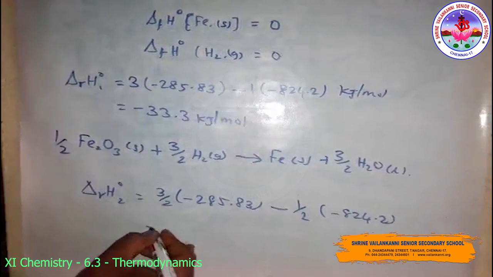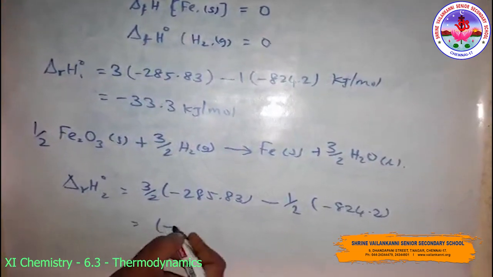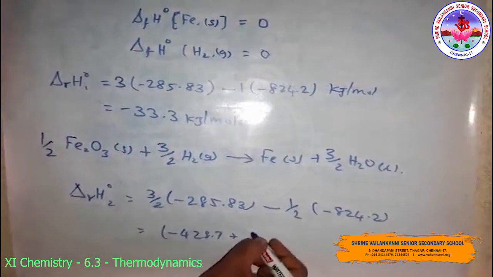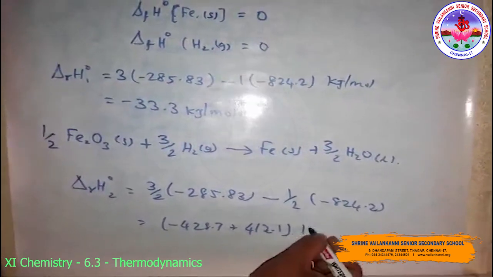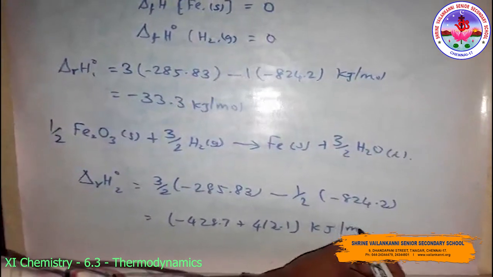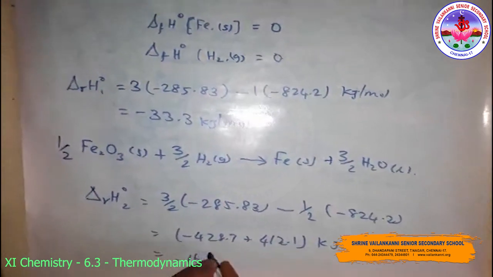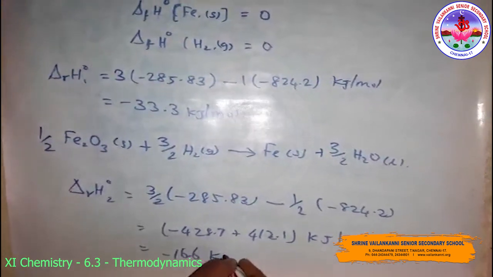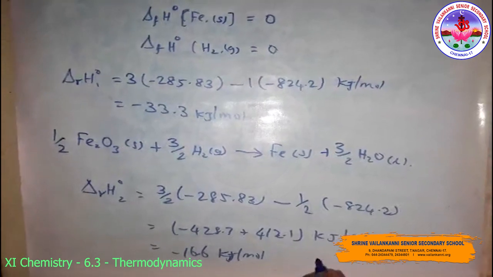After calculating, you will get minus 428.7 plus 412.1 kilojoule per mole. So the value is minus 16.6 kilojoule per mole.